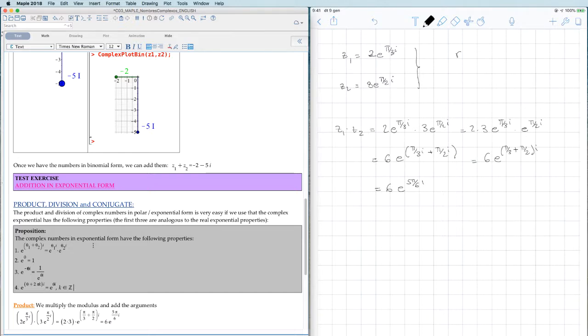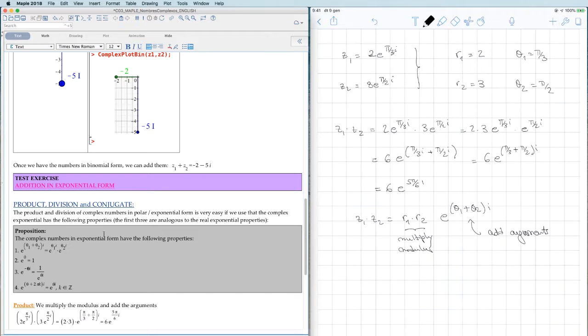We got a number with modulus 2 and argument π/3, a second number with modulus 3 and argument π/2, and for the product we multiply the two moduli and we add the two arguments. So we multiply the moduli and we add the arguments.